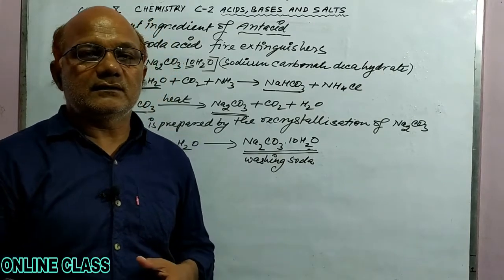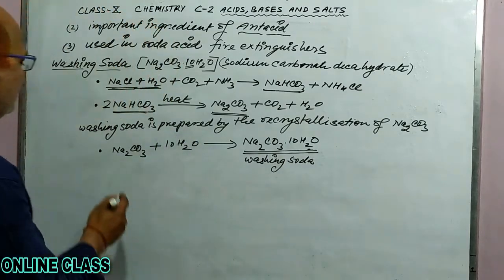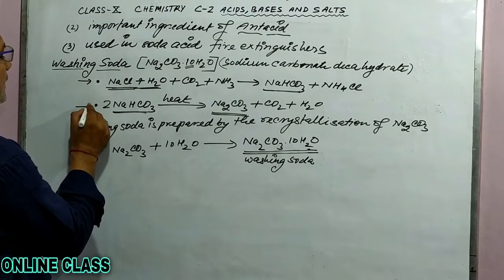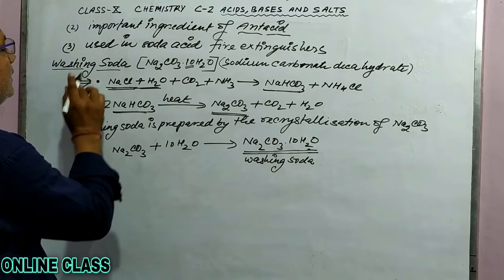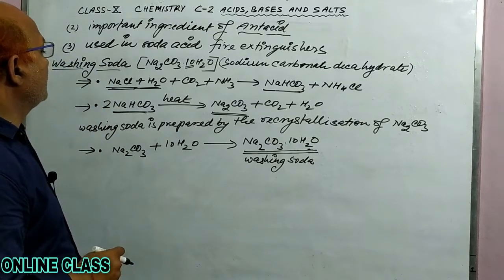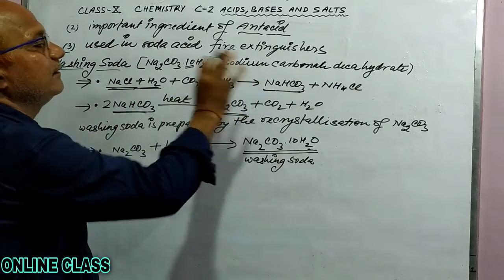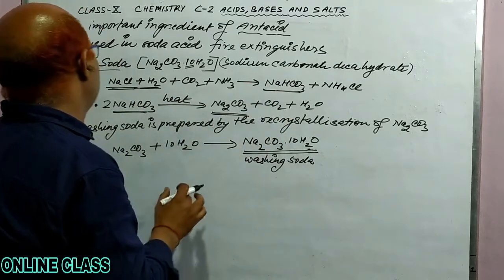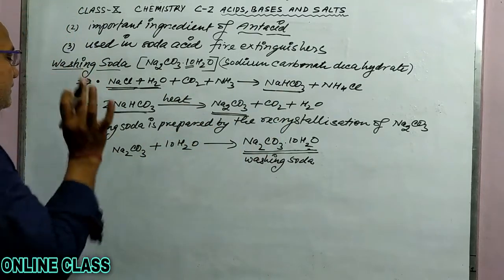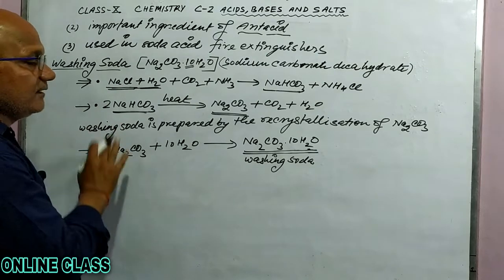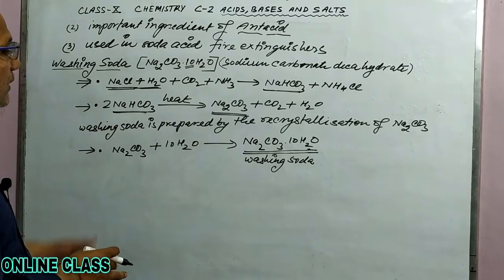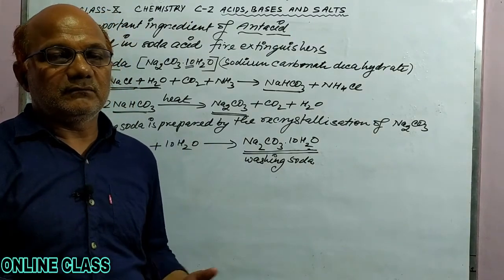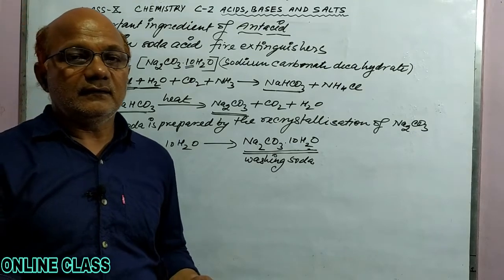So, you can learn it very easily, because this one is the new reaction, but you have already studied it in the preparation of baking soda. How baking soda is prepared? This is the reaction. What happens when baking soda is heated? So, you must learn it, and this reaction is new only. Okay. So, in this way, washing soda is prepared from sodium chloride as a raw material.